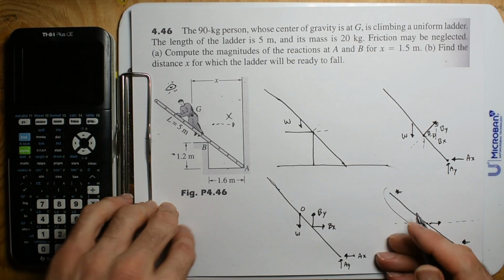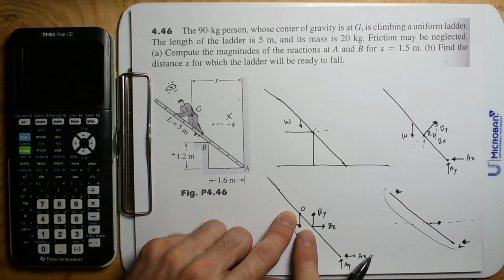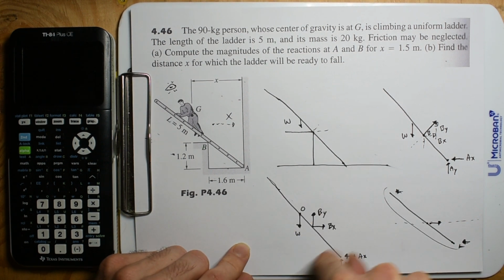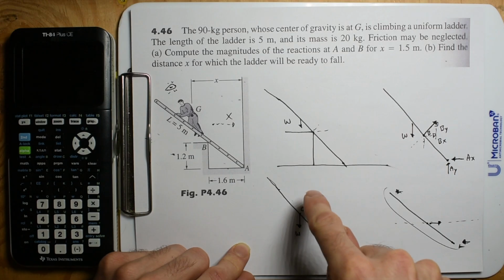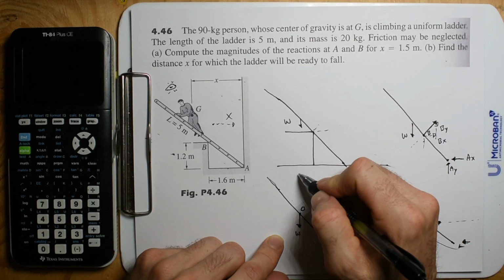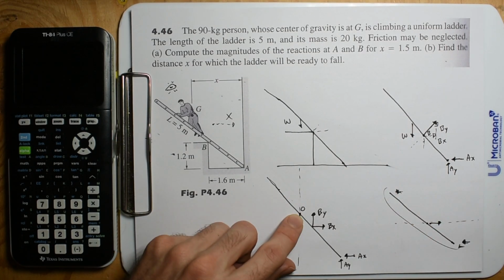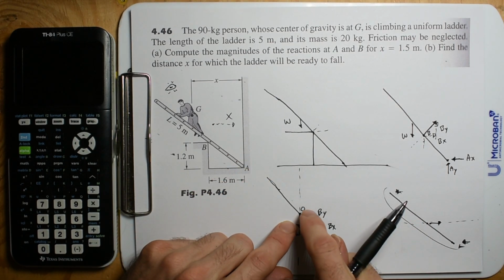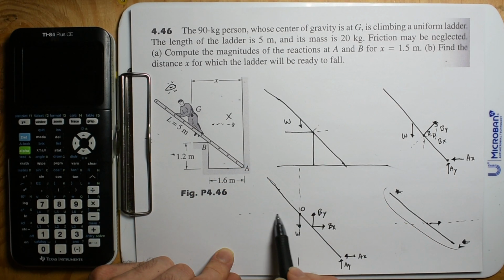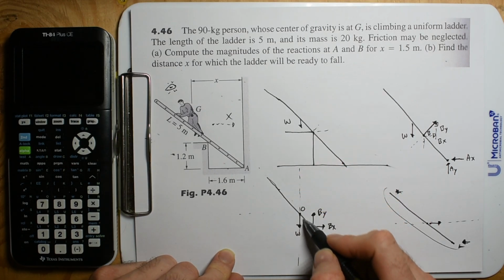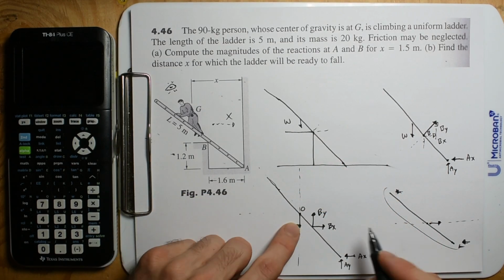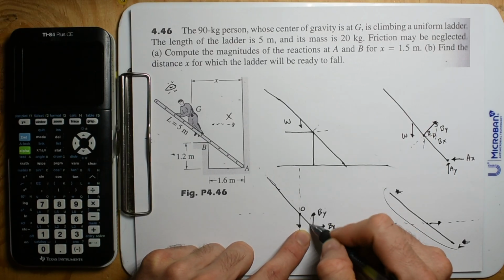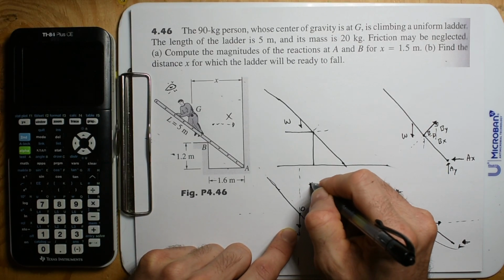And then we need to sum the moments about O. So we want to know if this thing's rotating this way or rotating that way. So this force that goes through O, the weight of it, doesn't cause any rotation. So we kind of went over that. But all these forces that are not in line with O at all, they'll cause a rotation. So this upward force right here is going to cause a rotation that way.